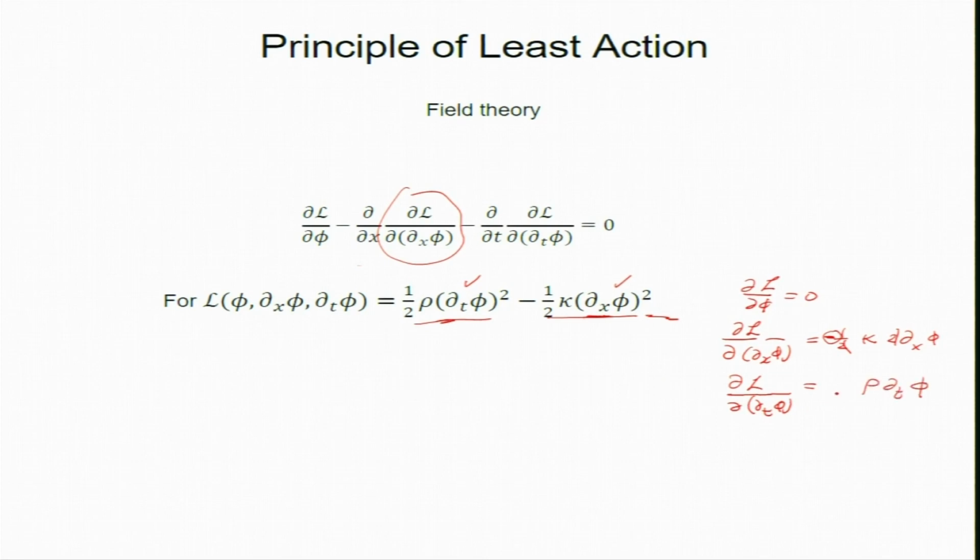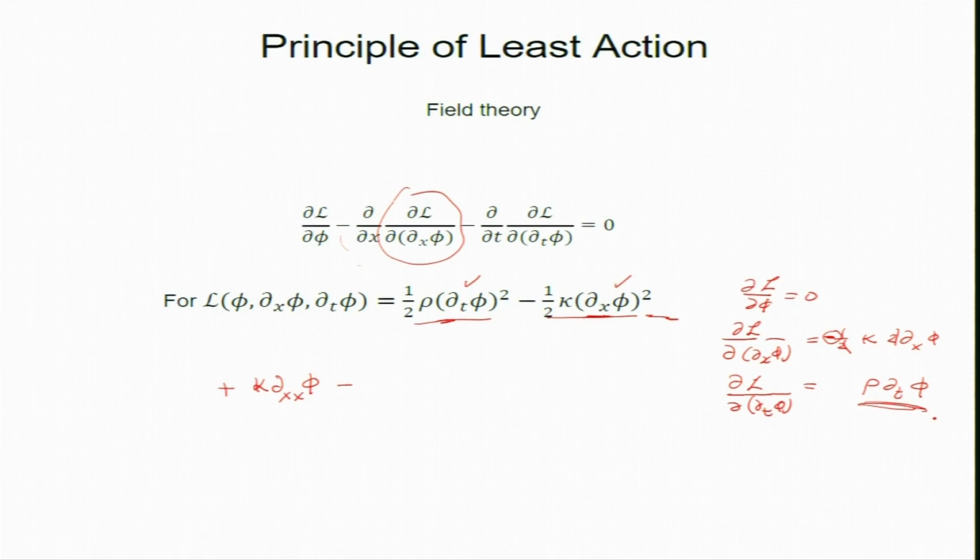Substituting it here, the first term has a minus sign out there, so minus becomes plus, and that becomes plus kappa. Kappa is constant, so I take a derivative with x and get the double derivative of phi with x. The second term is minus the derivative of this with t.